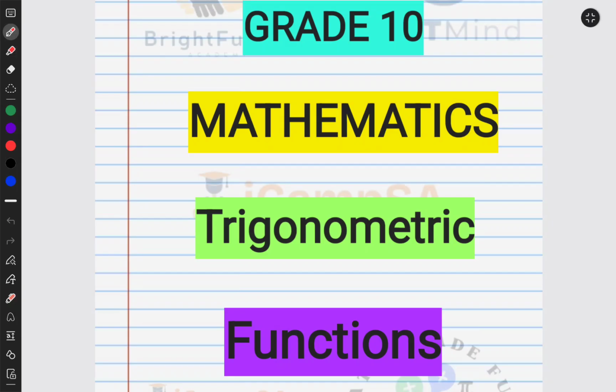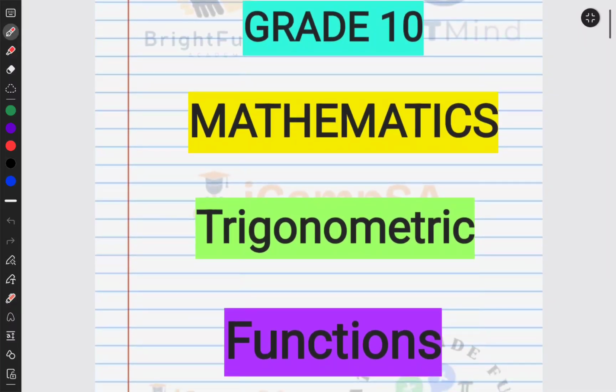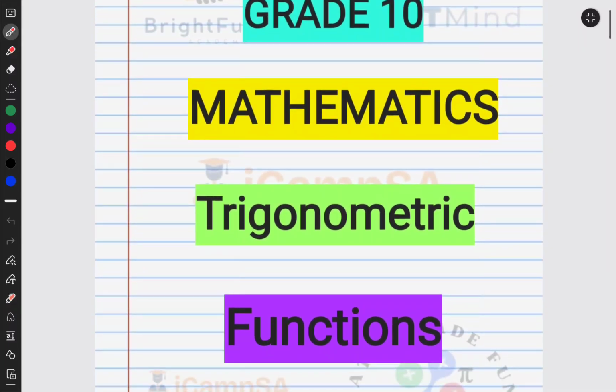Today we're going to be doing trigonometric functions, and this is actually an introduction to trigonometric functions since it's grade 10 curriculum. Okay, let's get into them. So we've already covered a little bit about trigonometry, in terms of the trig ratios and special angles and so forth.